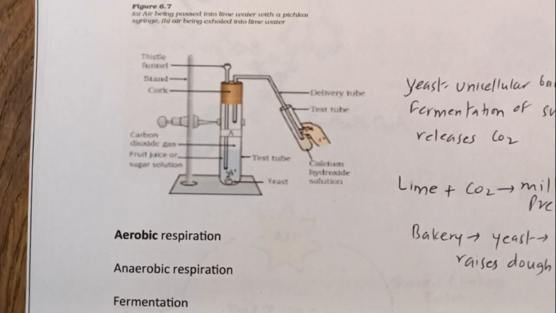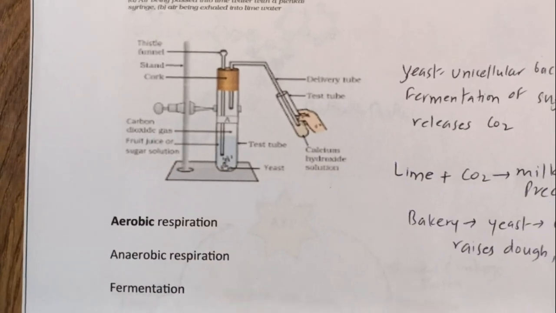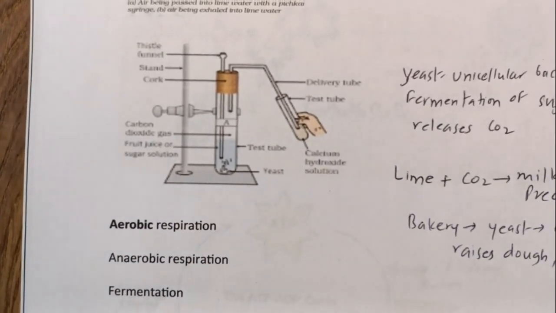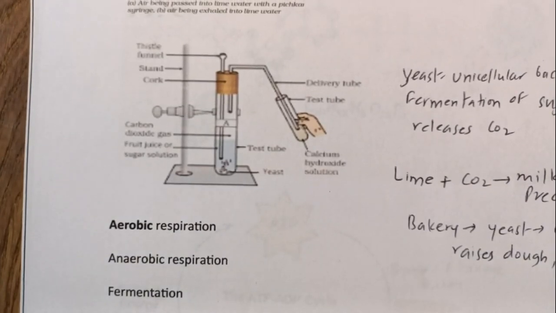Different organisms do this conversion into energy in different ways. Some use oxygen to break down the glucose that is available into carbon dioxide and water, but some use no oxygen.